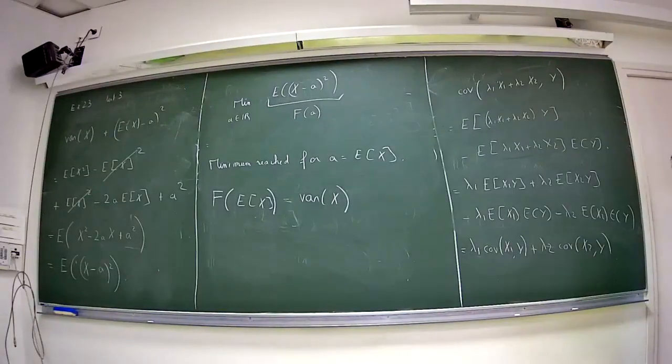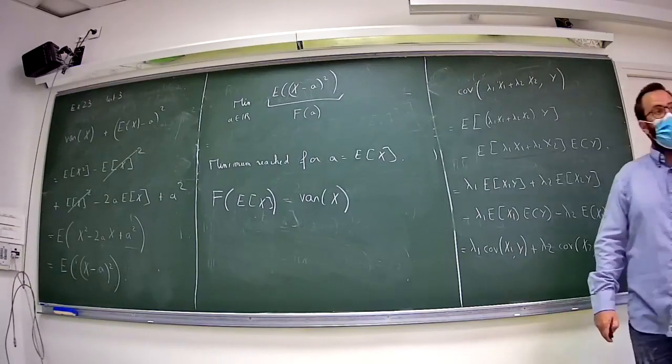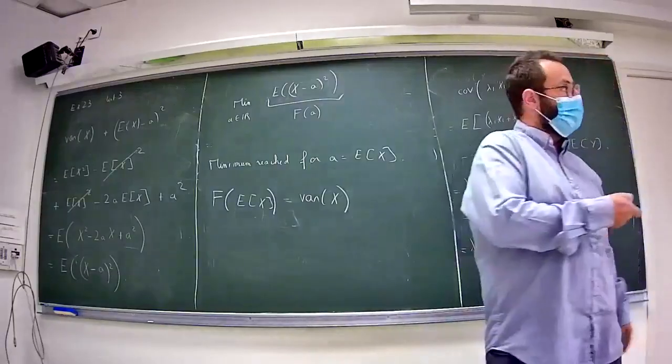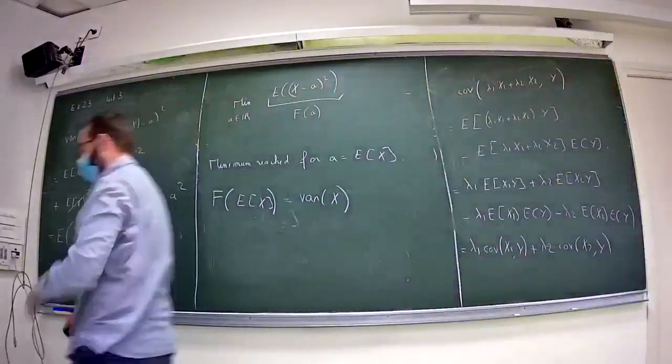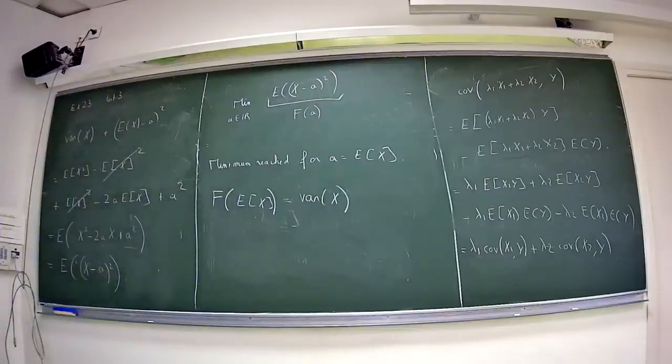If you change the order, it doesn't change the expression. So by bilinearity, it's exactly this that I mean: I am linear in the first component and linear in the second component. Okay?